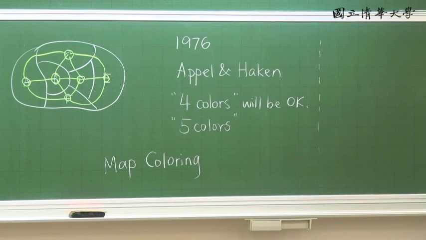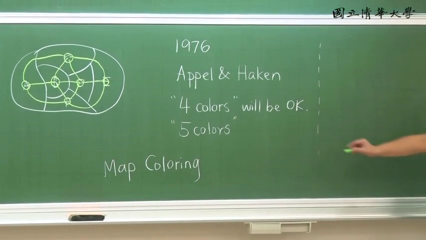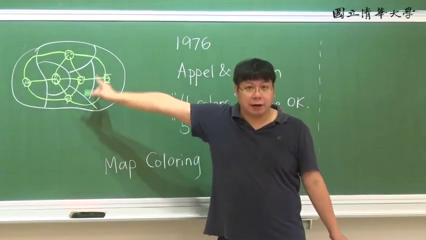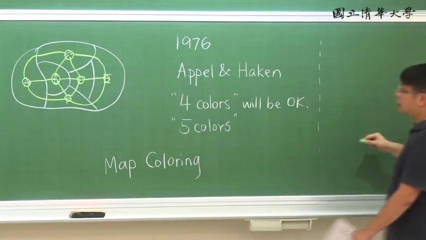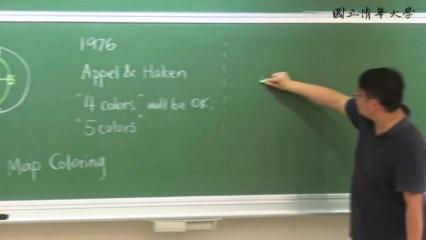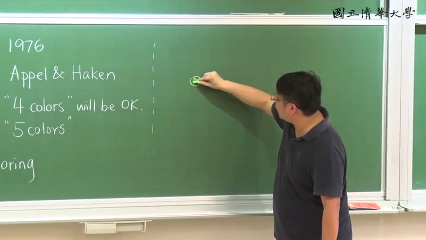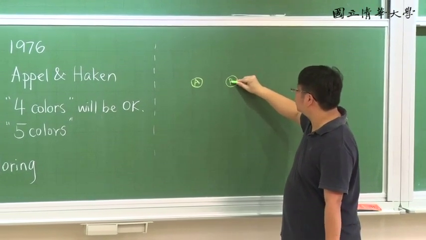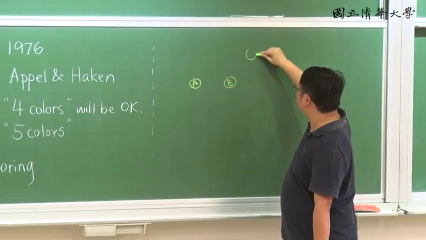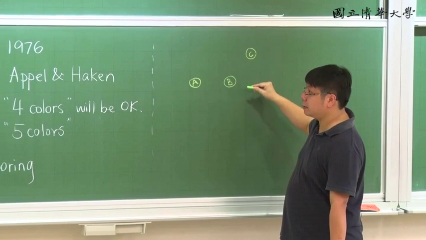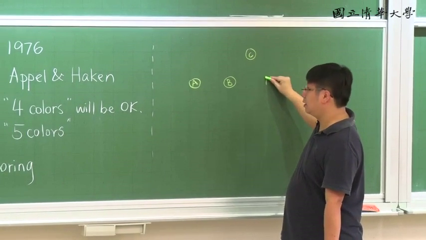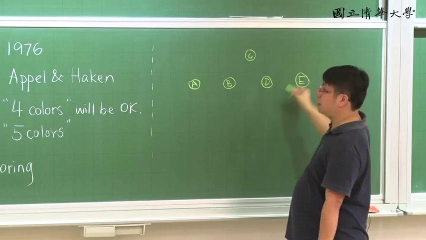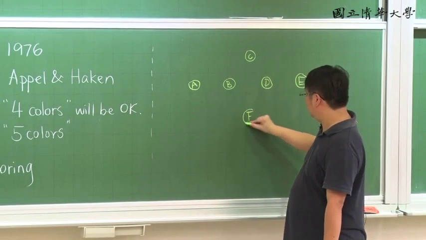So in that sense, we have another graph produced, the green one. Let me copy the green graph here. The first vertex is A, and then there is a vertex B, a vertex C, a vertex D, a vertex E, and a vertex F here.